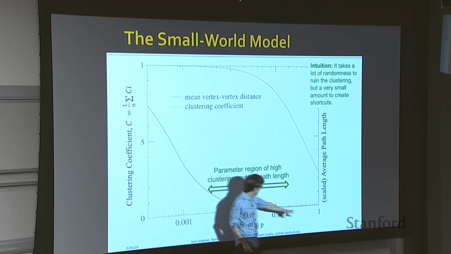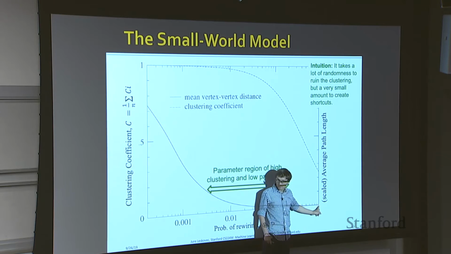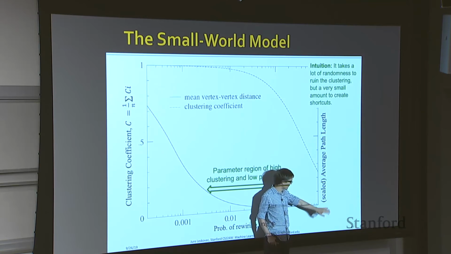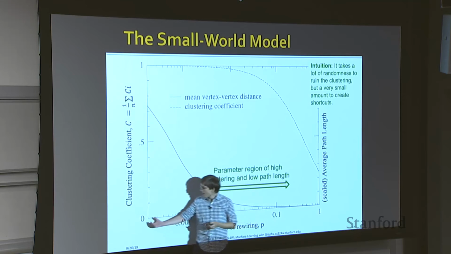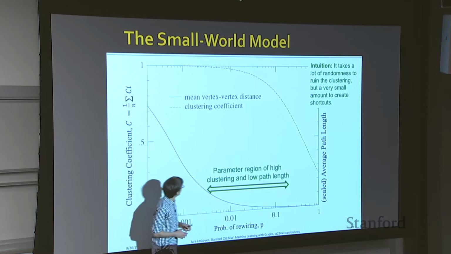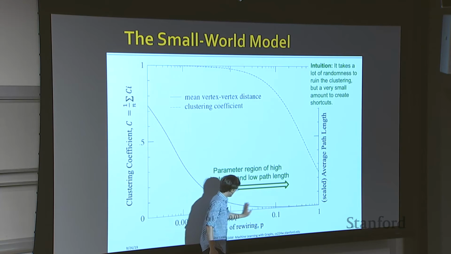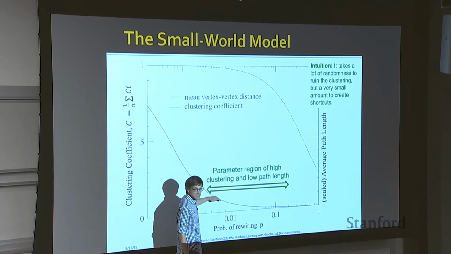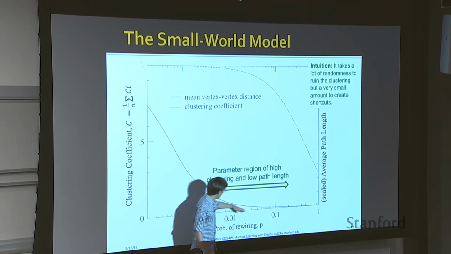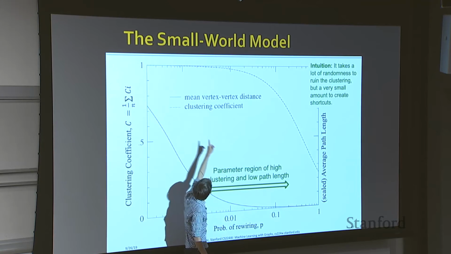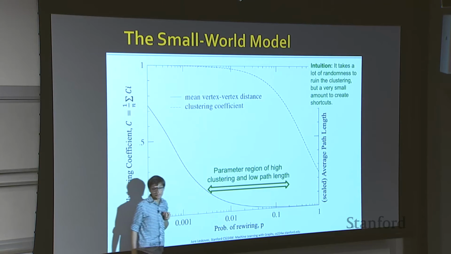When p is very large, we have low clustering and low diameter. This is a random graph. This is our circular lattice graph. But notice that in some parameter region here, we have both of them at the same time. We have low diameter, but the clustering still remains high.